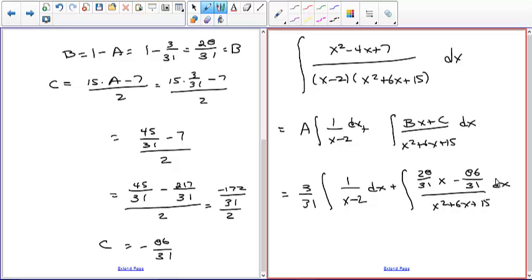So obviously the first part's easy. It's going to be 3/31 times the natural log of the absolute value of x minus 2.